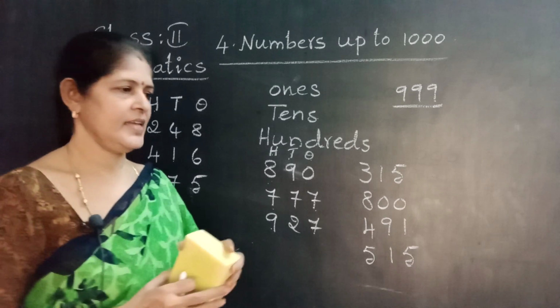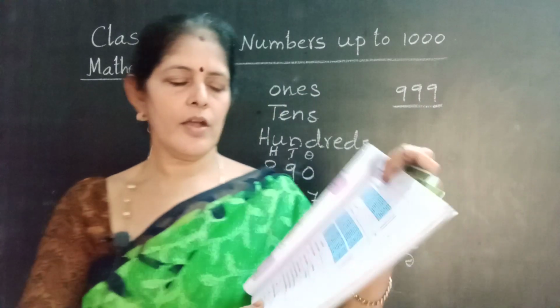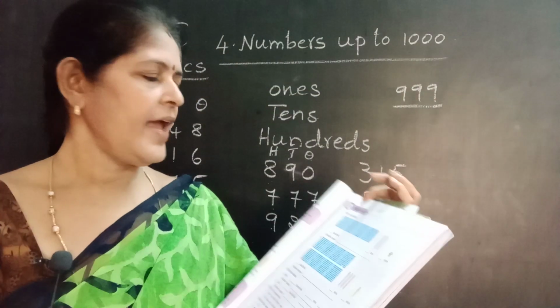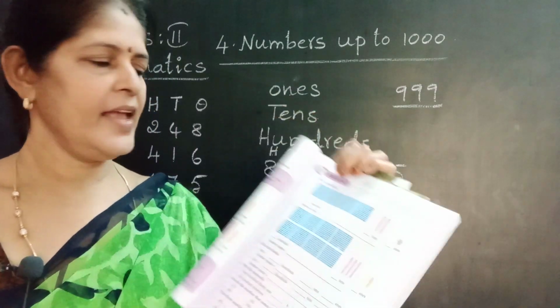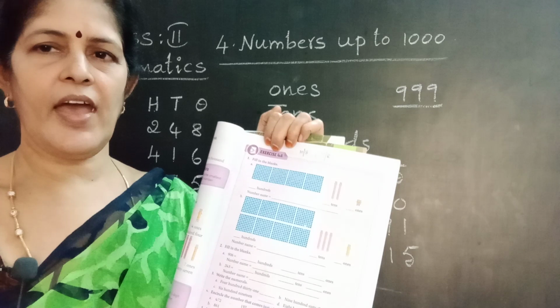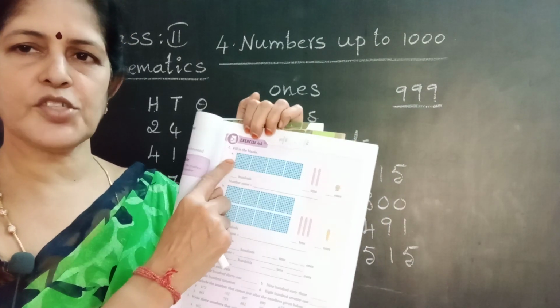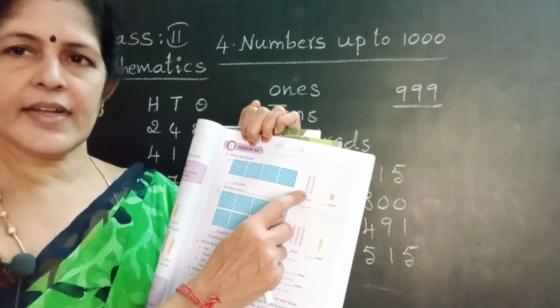Now we go to the textbook. Take page number 59, exercise 4A. Here some blocks are given. See, this blue color big block goes to 100. This one goes to tens.